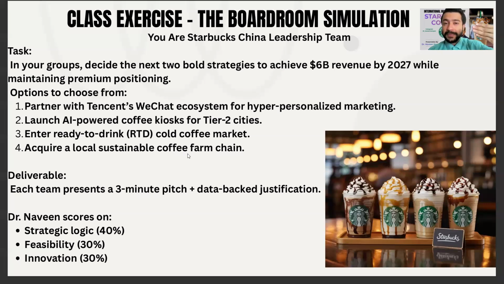Amongst these four options that I'm giving you, you can choose any two, and you have to come up with a business idea for how you are going to make it happen practically. By 2027, you are reaching $6 billion of the market. So back your ideas with the data.